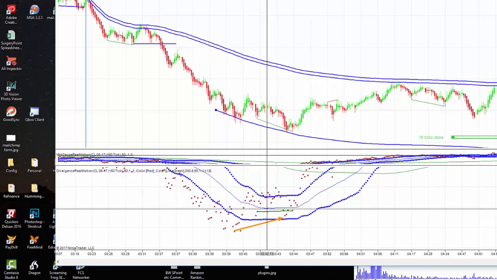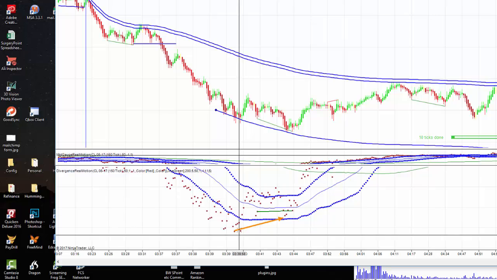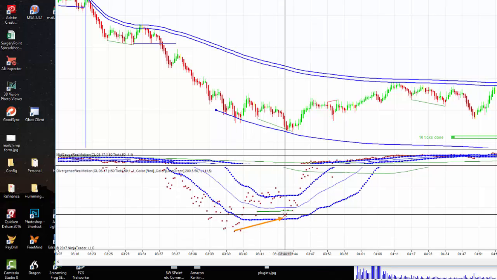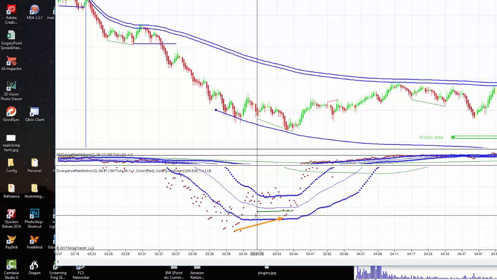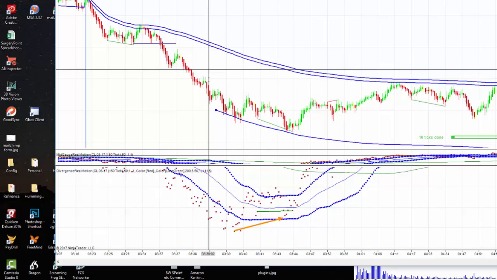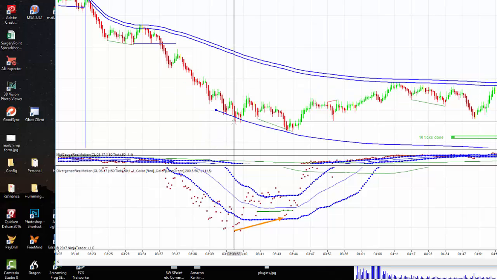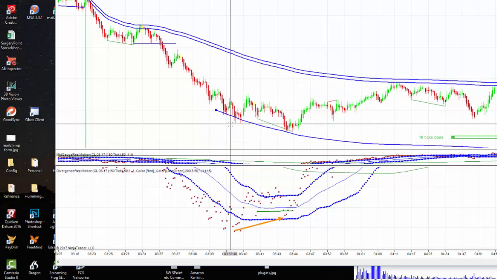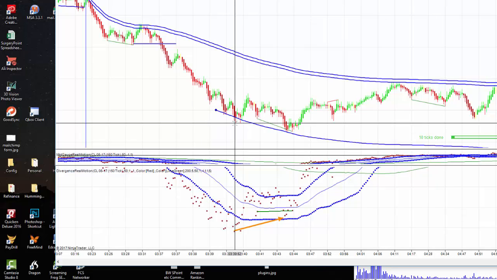In this case, this green line identifying the divergence would ideally start here and end here, for instance. The reason is that this is the lowest current point at this time, right?